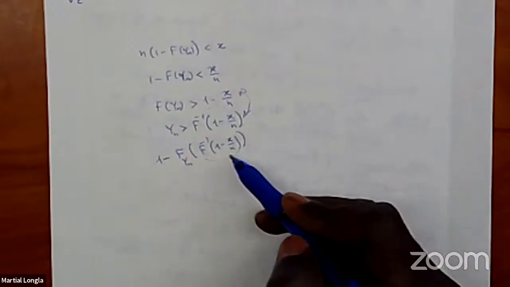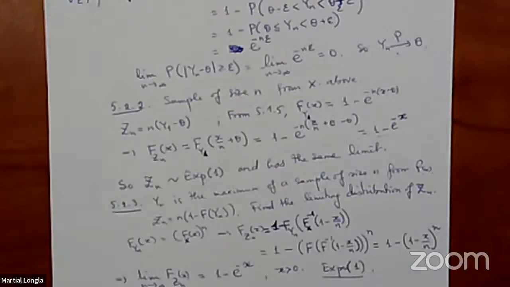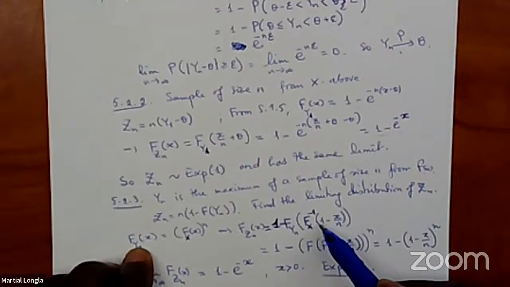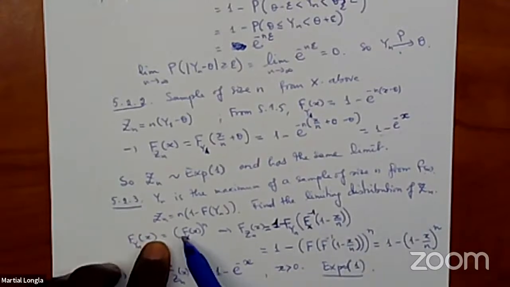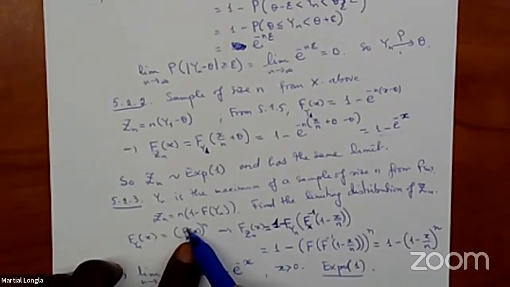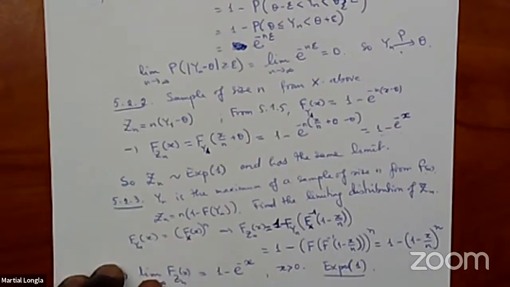Now all you have to do is apply F_Yn to what is inside. And F_Yn is F of x raised to the power n. So F of the whole thing that is inside here, raised to the power n.